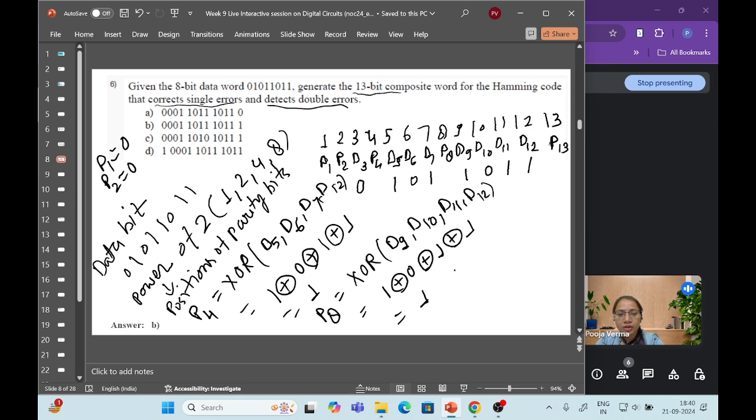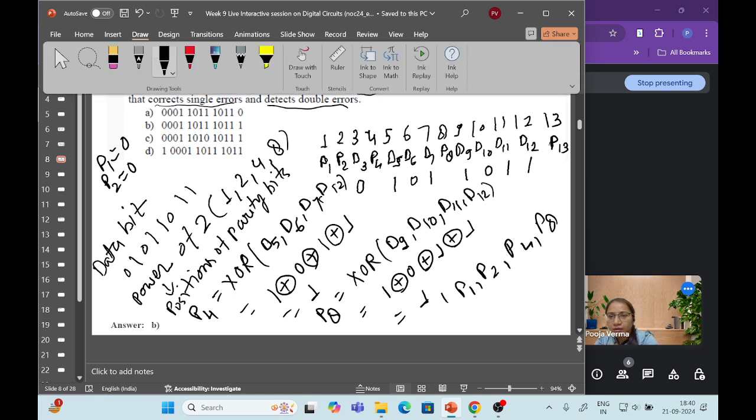So already we know that we have got P1, P2, P4 and P8. So how can we find out the P13? Now put the values in this sequence. So in that case we are able to find out. Okay, so I can remove from here.